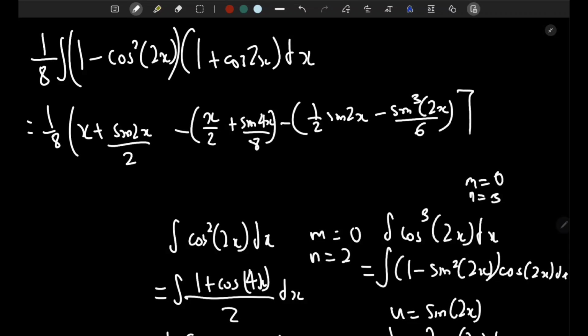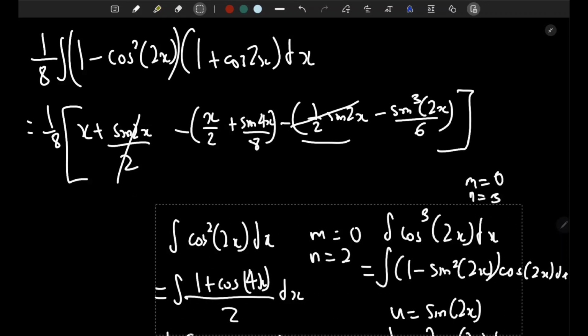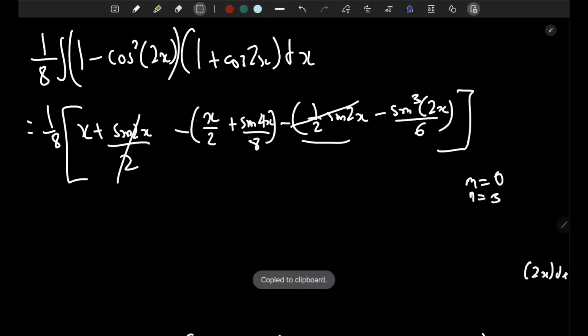And actually I'm gonna switch these brackets so it becomes more clear. Yeah, so now we can notice that this minus half sine 2x can cancel out with this part, so these two parts cancel out. So I'm gonna clear some space here and write the thing now.